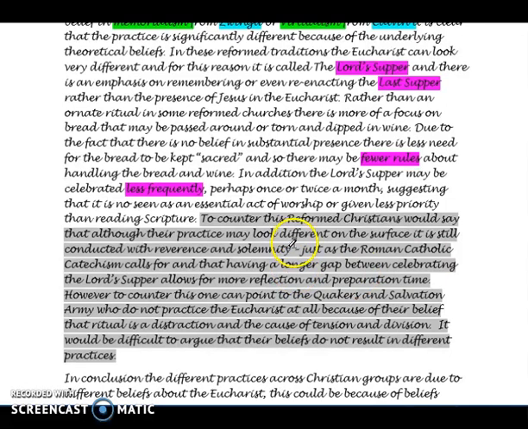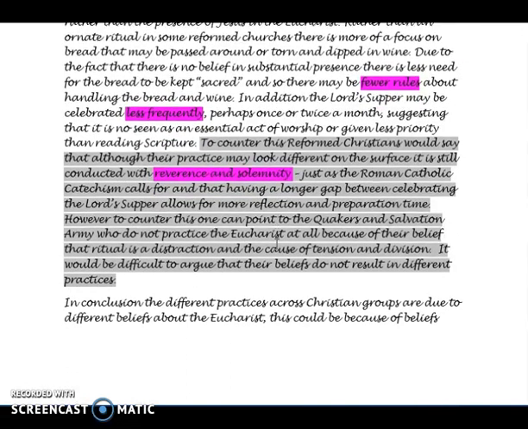So just like Roman Catholics, we approach the Eucharist or the Lord's Supper as they call it with reverence and solemnity. Just like Roman Catholics, we have a period of reflection before taking the Eucharist. And they say we're not having the Eucharist as often, not because it's not as important, but it's giving us extra time to reflect and prepare.